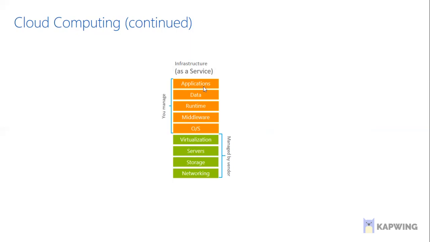So all these five, application, data, runtime, middleware, and OS, will be managed by the user. It is on-premises, and on the cloud you are utilizing the services: networking, storage, server, and virtualization. So this is infrastructure as a service.